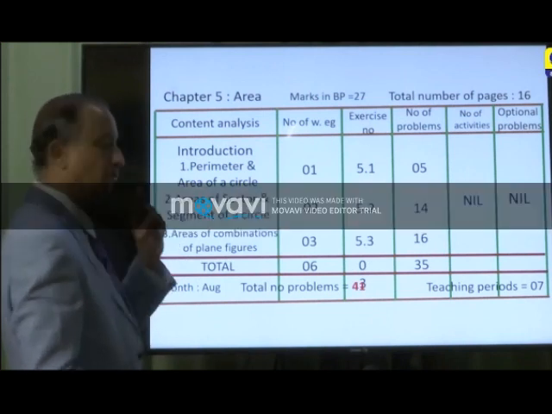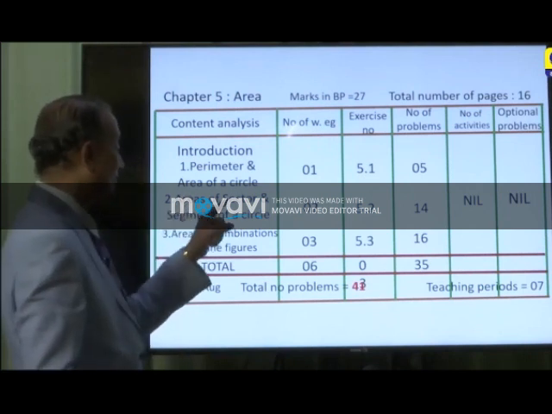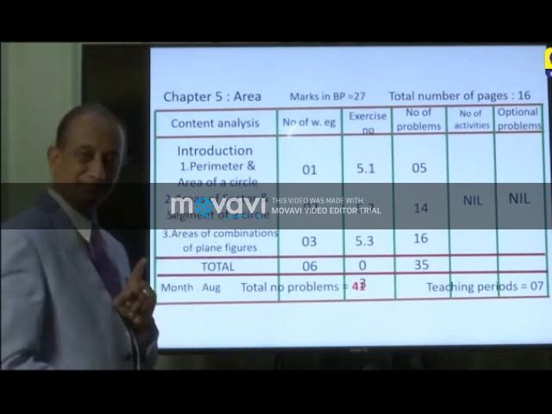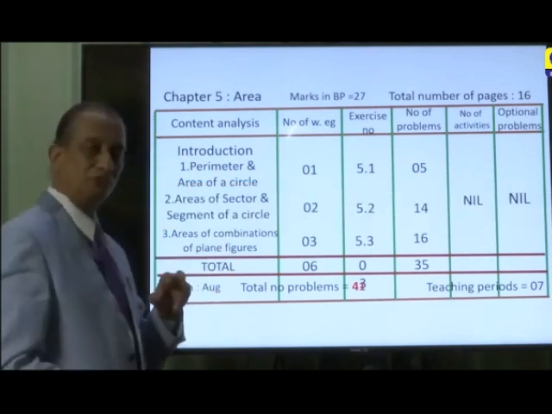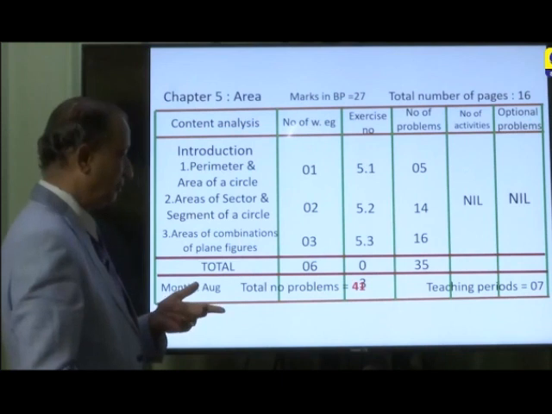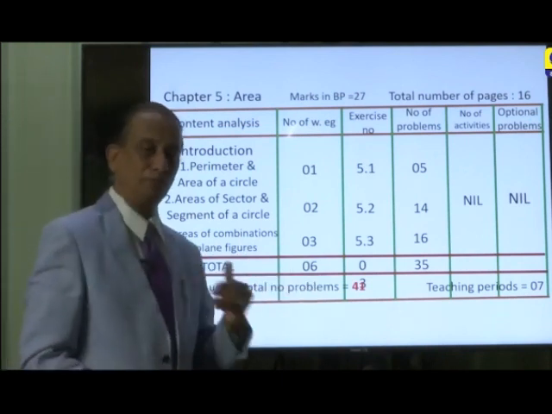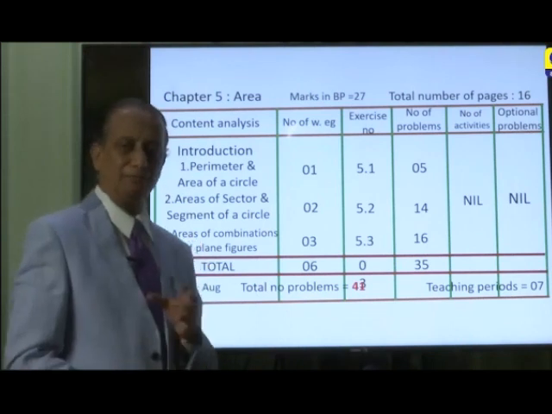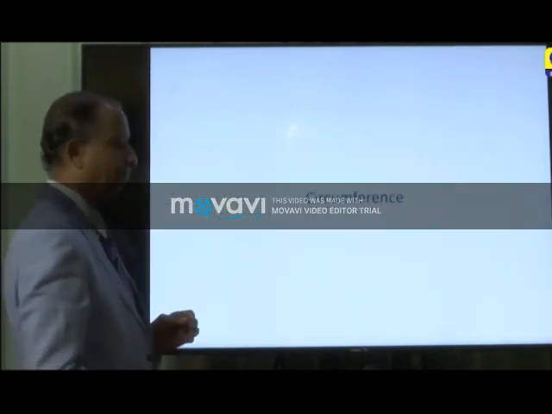Here we are going to mainly discuss two important concepts, that is sector and segment of a circle, their related formulas, and then the combination of those two figures. It has altogether about 41 excellent problems. Let us try to understand one by one.